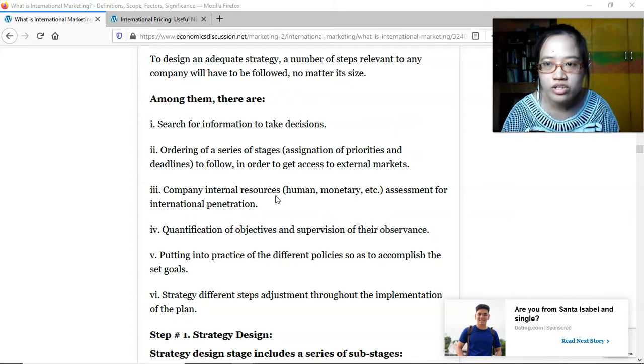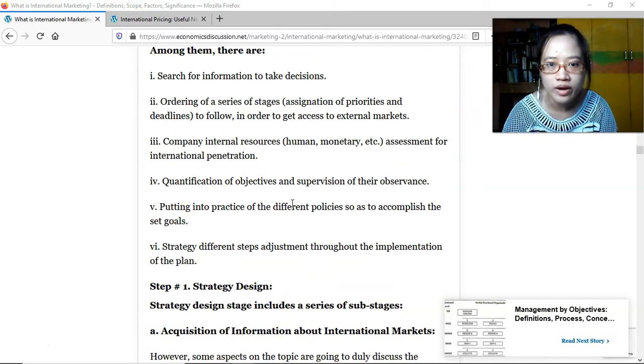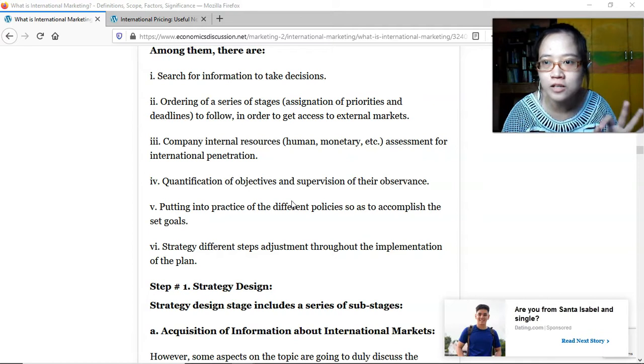Company internal resources, human and monetary, should be prepared as well. You should make sure that you have enough money to finance that. You can't stop halfway because by then it's going to be a loss. And then you have human resources, skilled people who would be able to properly coordinate with that particular country.